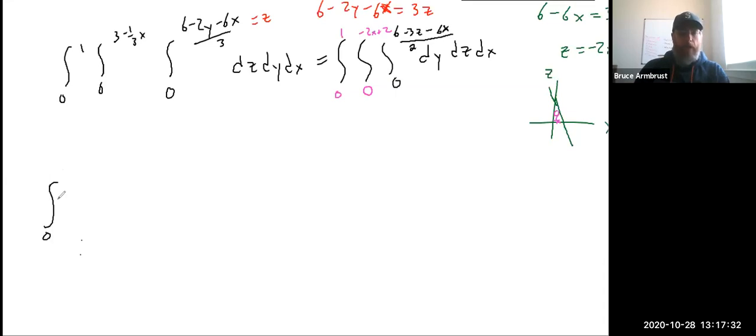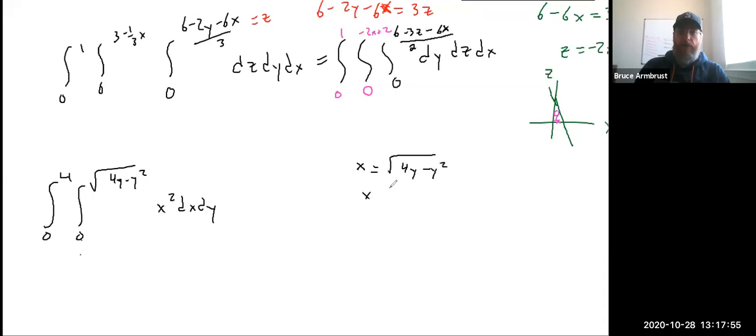We're integrating from 0 to 4, and then 0 to the square root of 4y minus y squared, x squared dx dy. And so there's another one we want to go to polar. So I would start by figuring out what this looks like. We've got x equals the square root of 4y minus y squared, which is x squared equals 4y minus y squared, which is a circle.